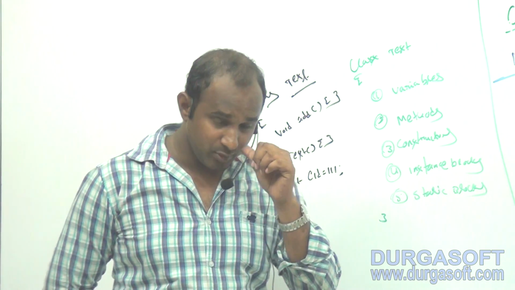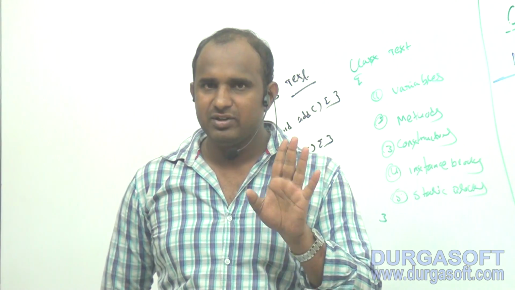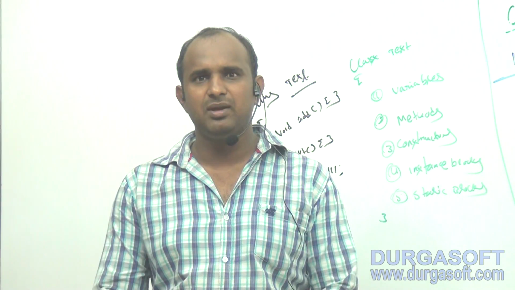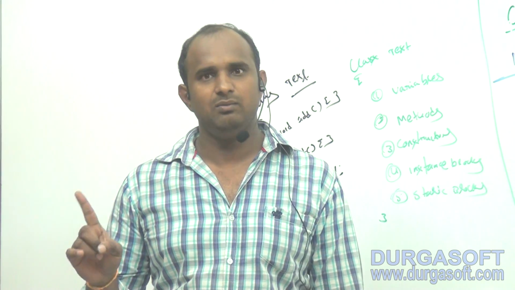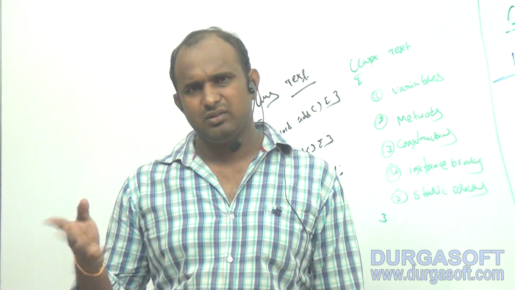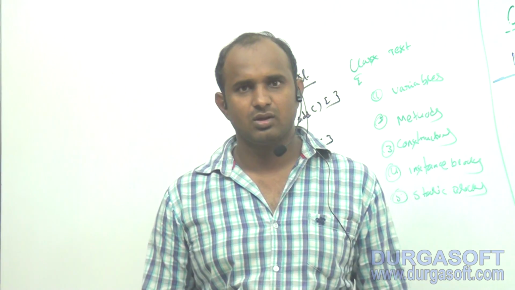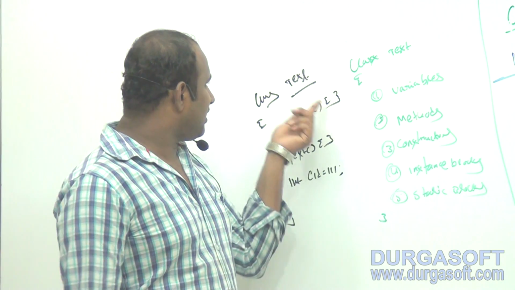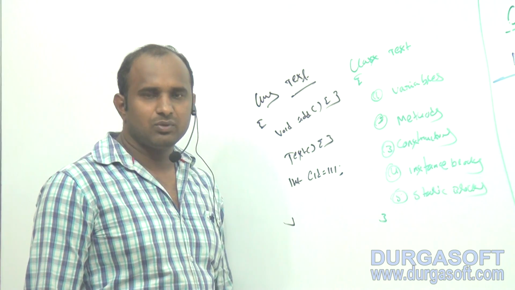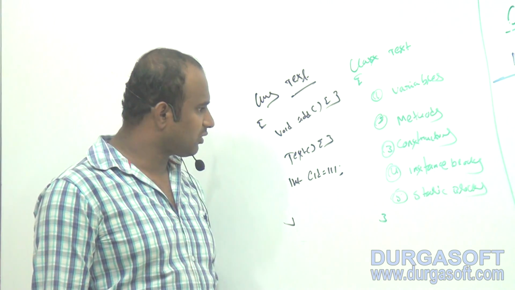So first of all, what do you mean by identifier? Every name in Java is called an identifier. That name may be a class name, variable name, method name, or enum name. While declaring the identifier, we must follow some rules. What are the rules, Ratan? We will discuss the rules one by one.